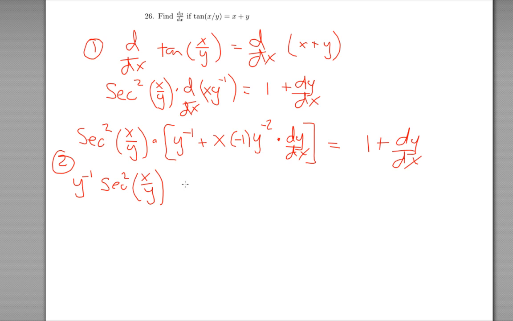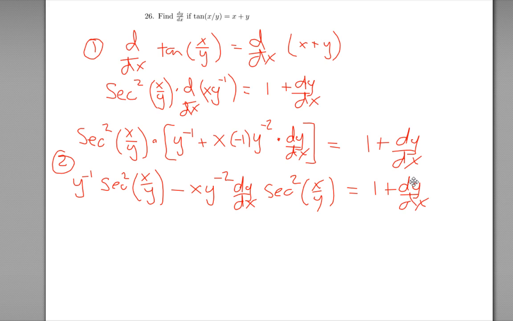So for example, I'm just going to expand this all out. Okay, so this becomes minus x y to the negative 2 dy by dx times secant squared x over y. And on the right hand side we have 1 plus dy by dx. If I was asking you to isolate for dy by dx, what do you normally do?